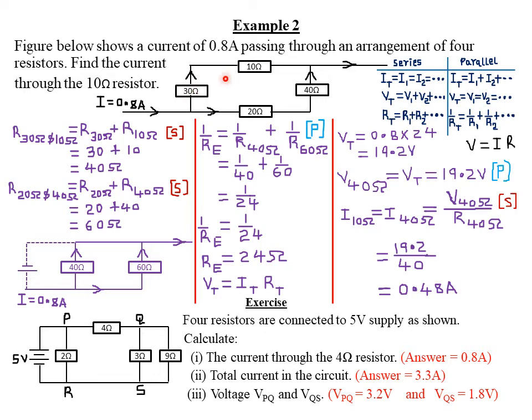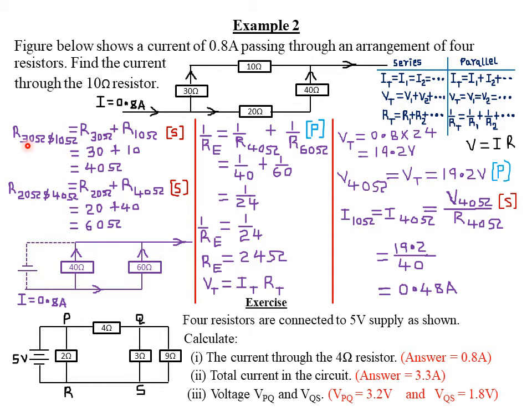Because the same current flows through the 30 ohm resistor and the 10 ohm resistor, we'll first of all combine those resistors. The 30 ohm resistor and the 10 ohm resistor are connected along each other, therefore they are in series connection. For series connection, we know that R total is equal to R1 plus R2.